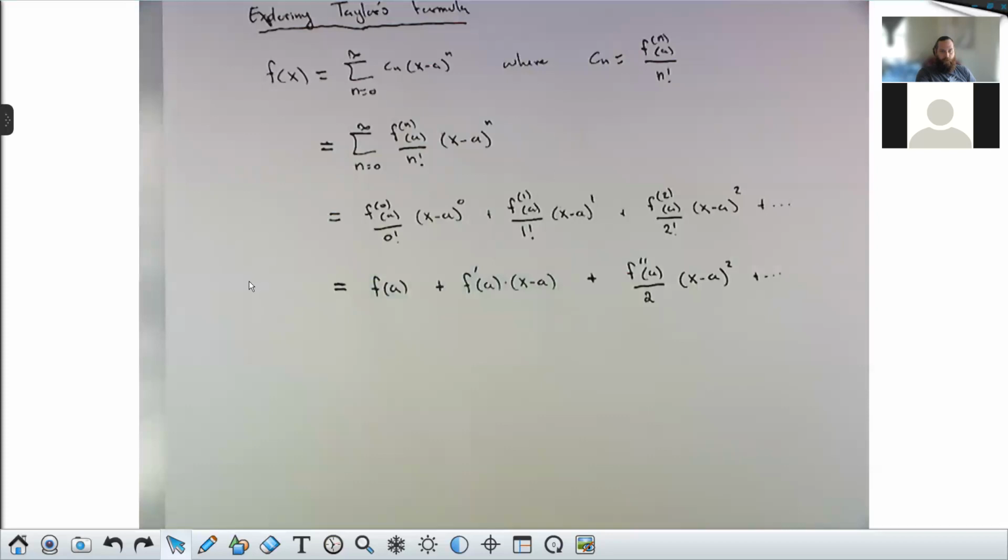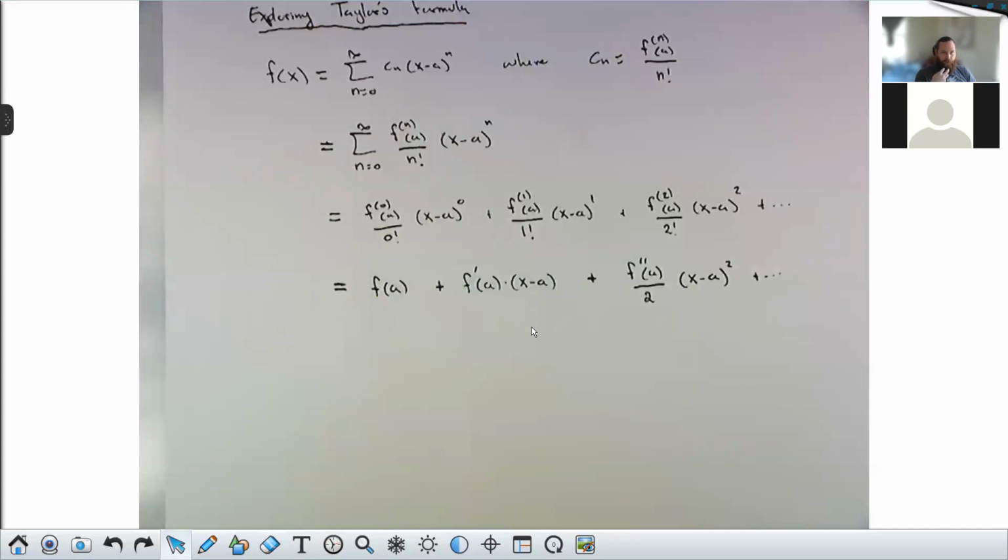If I just said y equals this thing, maybe kind of reminiscent of Newton's method for finding roots a little bit.